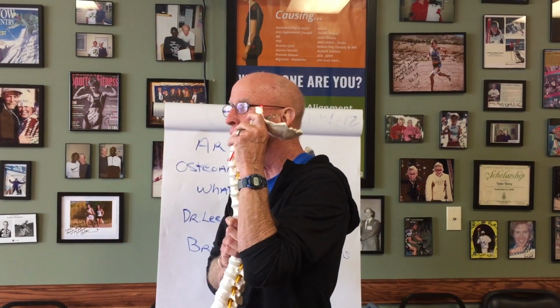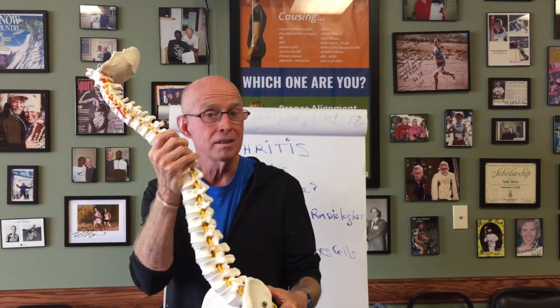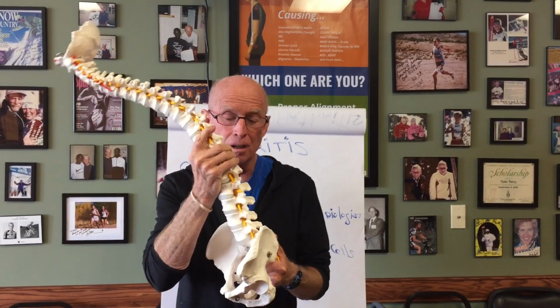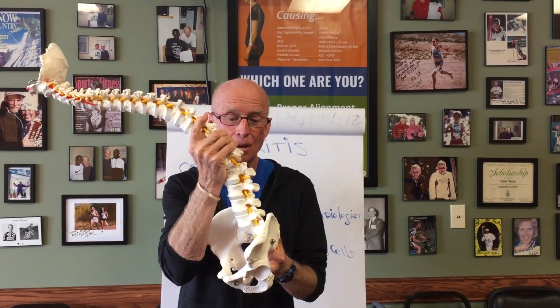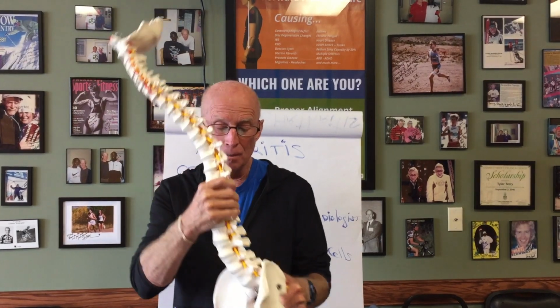Whenever we lose this curvature in our neck, or increase the curvature in our mid-back, or increase or decrease, as the case may be, from sitting behind a desk, a computer, slumping on a sofa, decrease the curvature in our lower back. So remember, this would be the small of our back right here.